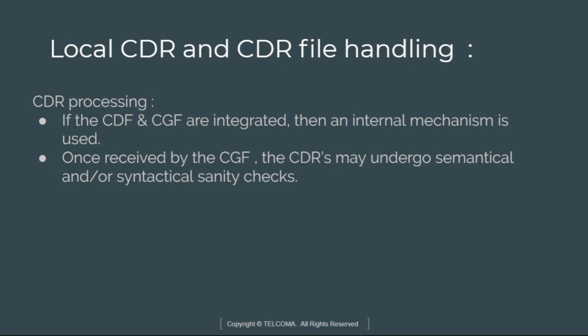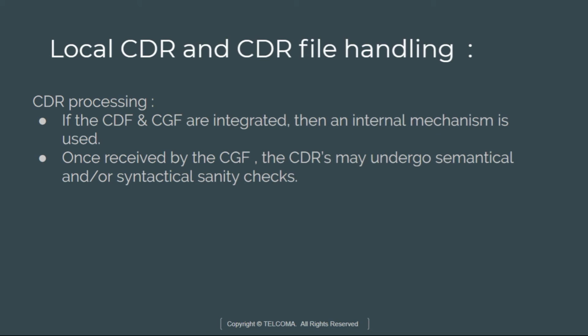Now in any case, CDRs are transferred in near real time from CDF to CGF as soon as they have been closed by the CDF. CGF is the charging gateway function.